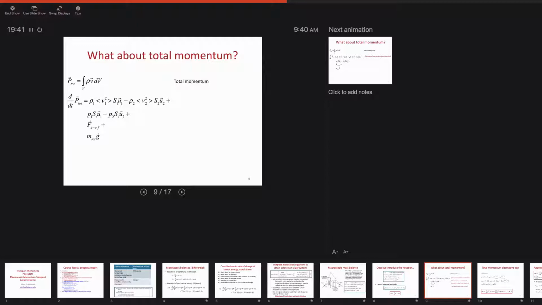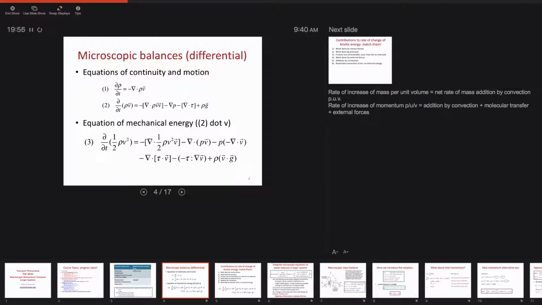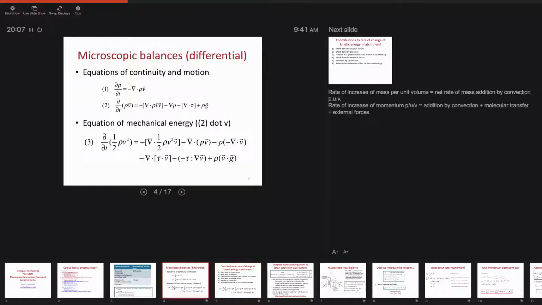So when I integrate, I will get this. When I integrate the pressure, let me just flash that equation once again. So this is the equation that I'm integrating, right? And there's essentially a theorem that relates the integral of divergence of anything to something that is coming normal to the boundaries through surface integrals, right?